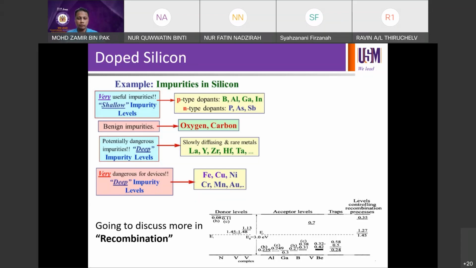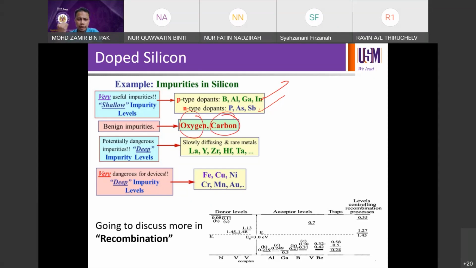So impurities in silicon, if we're talking about shallow impurities, we're talking about the typical dopants, right? The p-type: aluminum, gallium, boron; n-type: antimony, phosphorus, arsenic. These are the typical dopants, and we categorize them as shallow impurity levels.